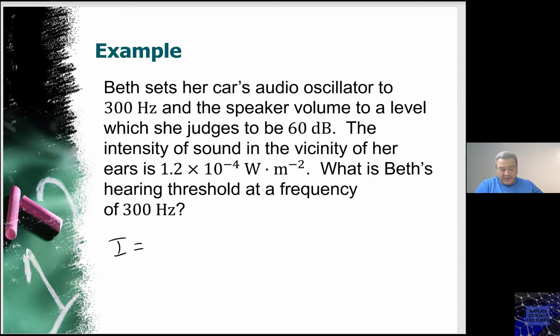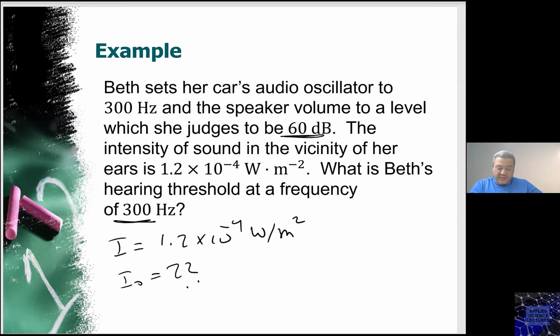So we have I equals 1.2 times 10 to the power minus 4 watts per meter squared. We need Beth's hearing threshold. We need her I naught. Apparently her I naught is not 10 to the power minus 12. We need to find her threshold for 300 Hertz.